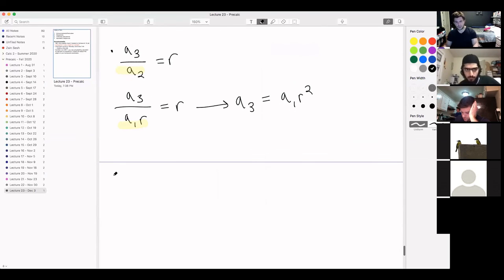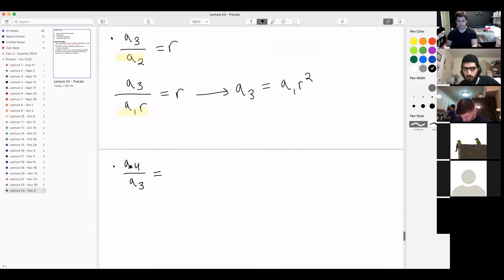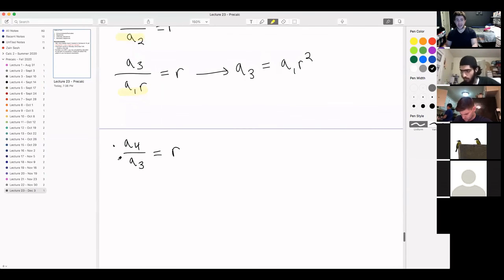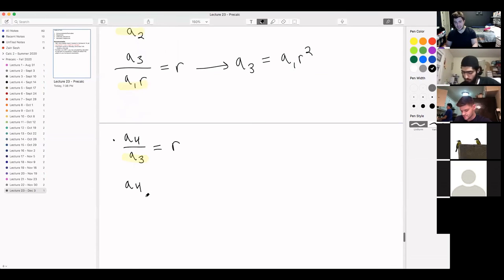All right, let's do this one more time. A sub 4 divided by A sub 3. Okay, I'm dividing two consecutive terms, so this division is definitely equal to r. But again, I have a formula for a sub 3 already, so I sub that in for a3. Okay, a3 is equal to a1 times r squared.